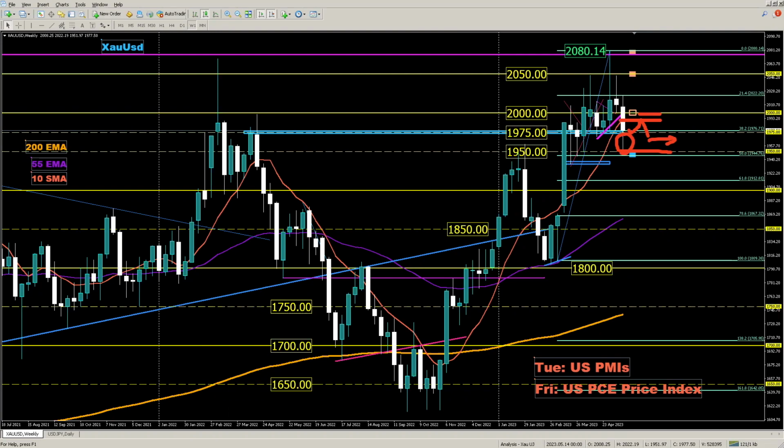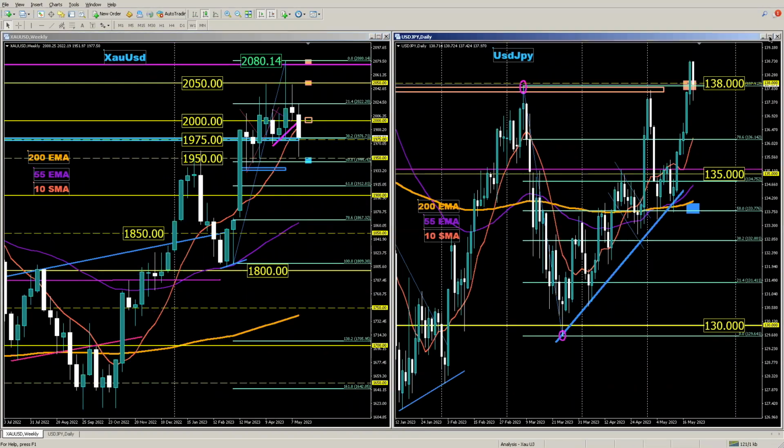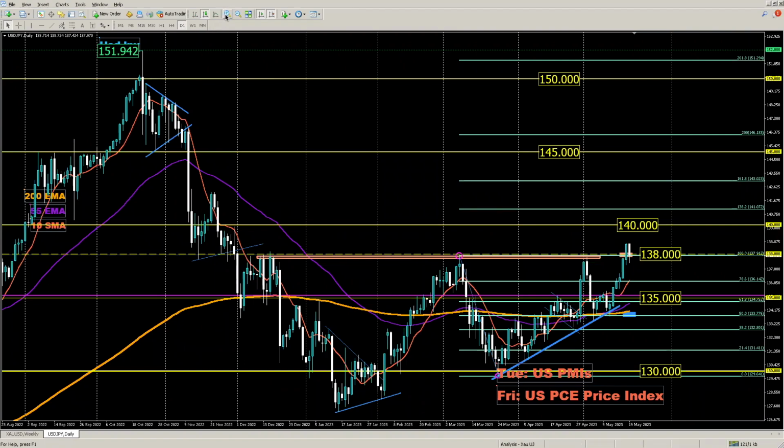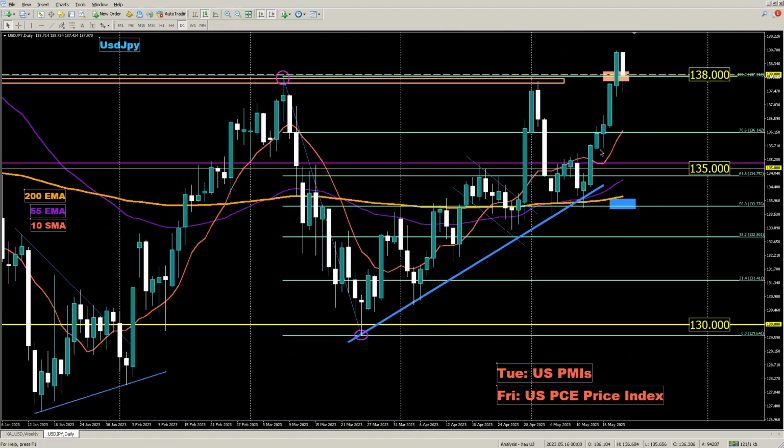All right, let's move on to dollar yen. Continued to rally after the push up at the end of the previous week and drove higher through the 138 level. That's the key resistance. And before closing on Friday, right at the 138 again.